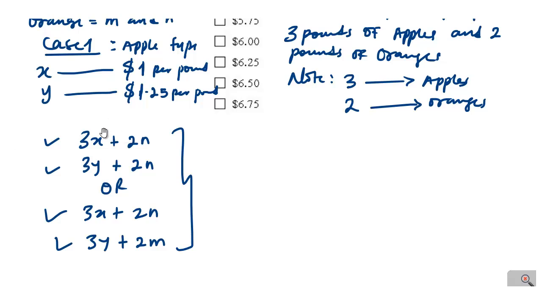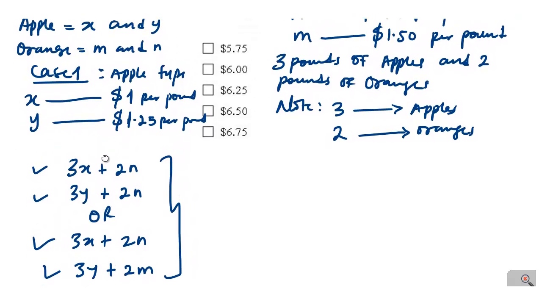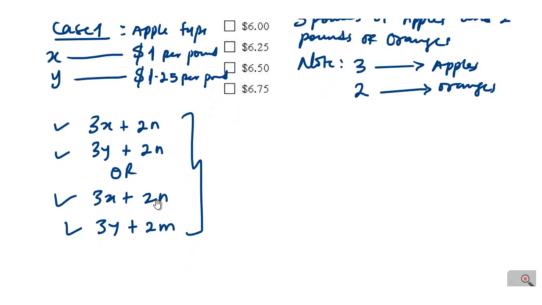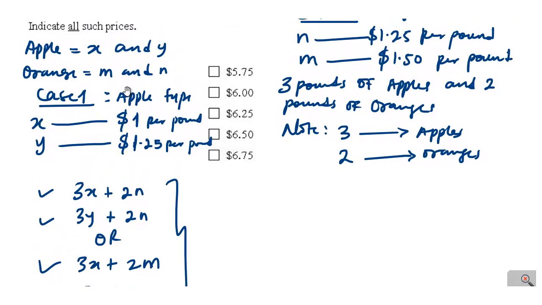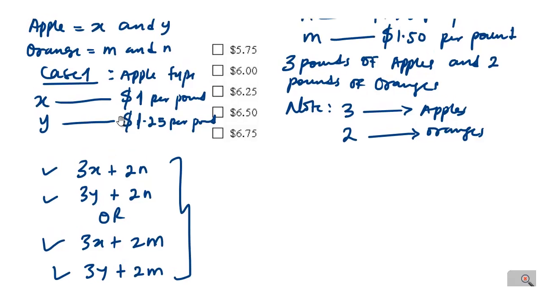Let's now plug in each of the values and see which ones give us a correct answer. The first one is 3x plus 2n.